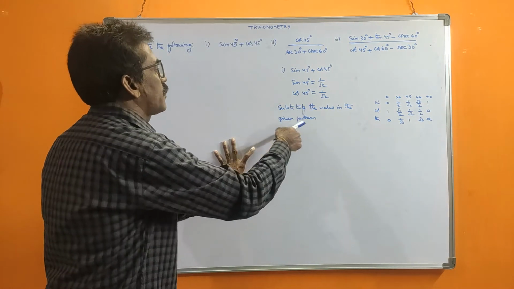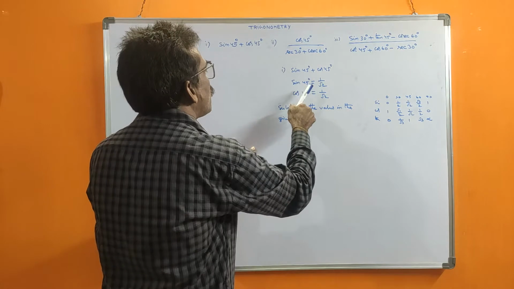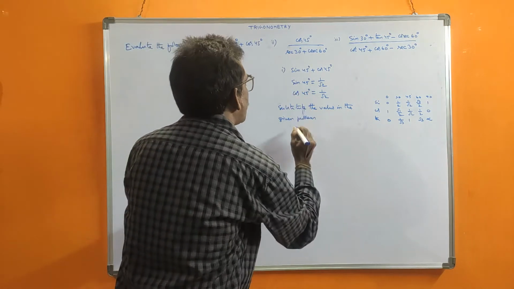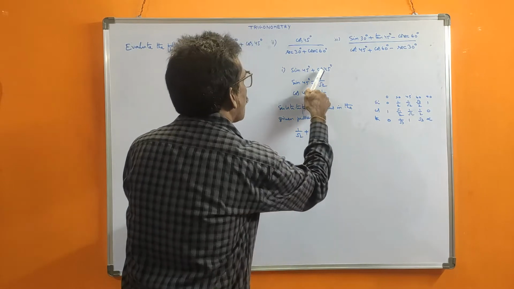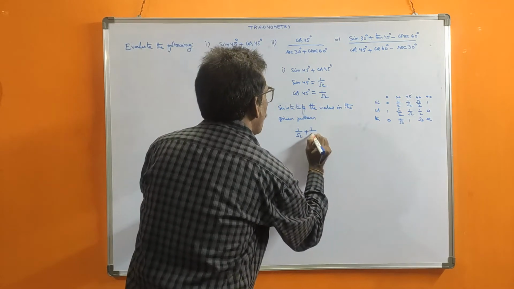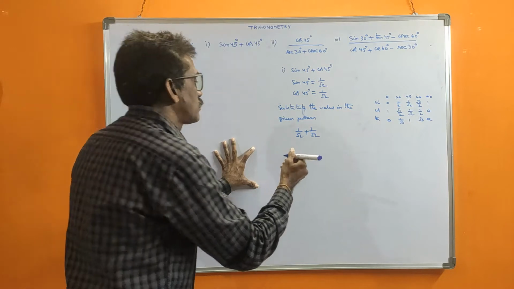Sin 45, what value? 1 by root 2, plus cos 45, what is the value? 1 by root 2. Now simplification only.